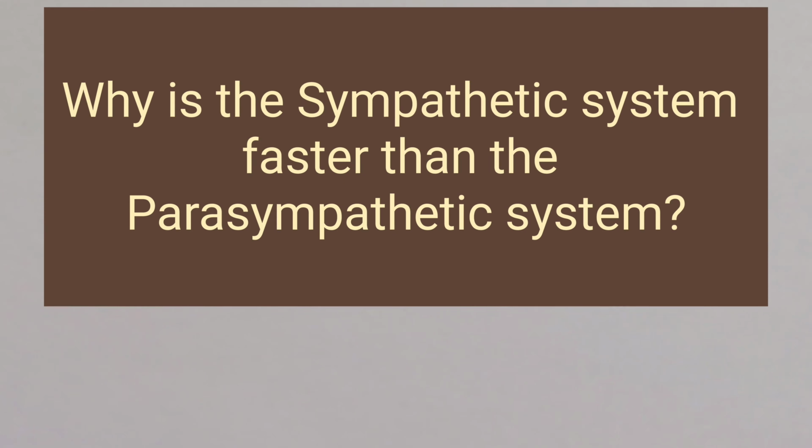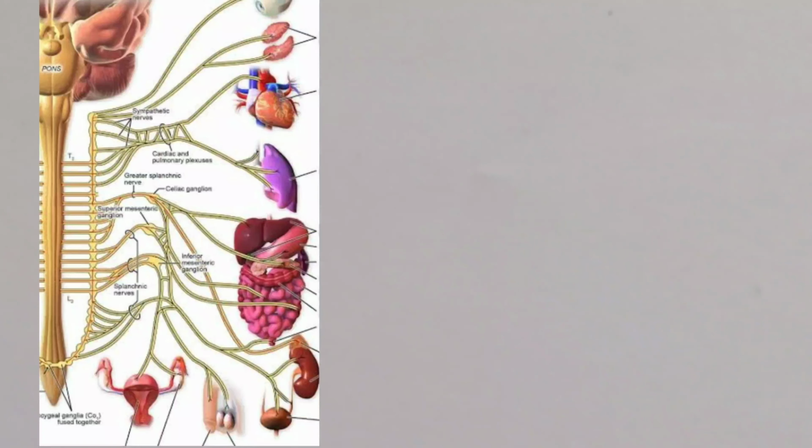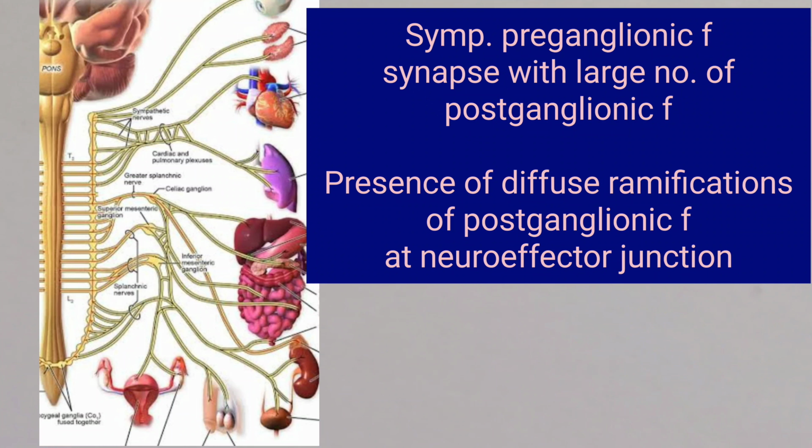So the next question is, why is the sympathetic system faster than the parasympathetic system? The sympathetic system is faster than the parasympathetic system because of the following reasons. Firstly, the preganglionic sympathetic fibers tend to synapse with a large number of postganglionic fibers, which in turn have diffuse ramifications at the neuroeffector junction.